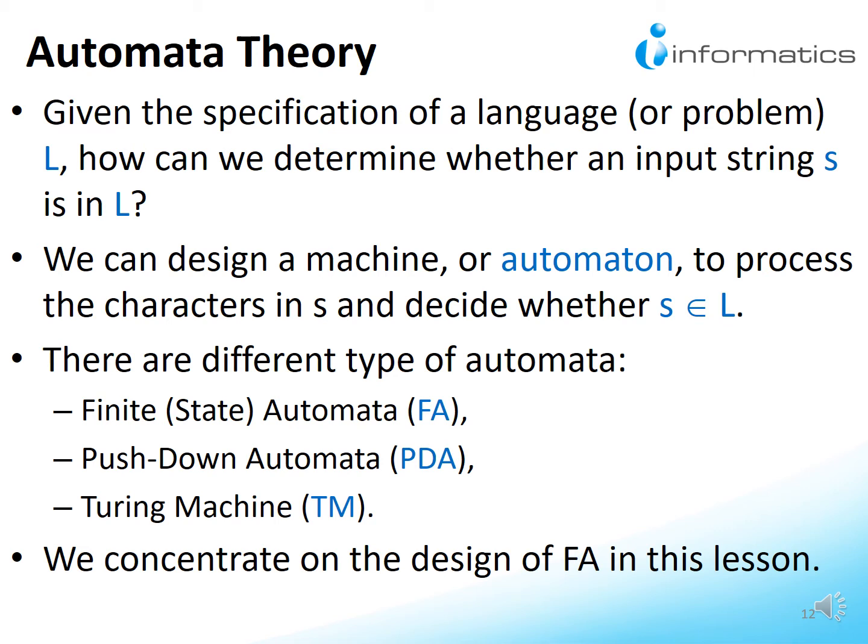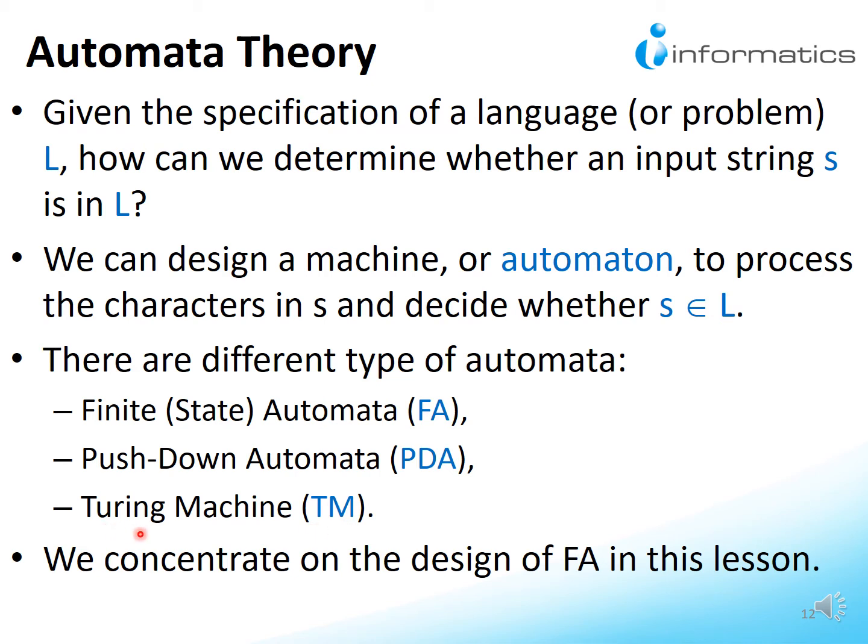Otherwise, we say that the machine rejects the string. Over the past 60-70 years, we have developed different types of machines. For example, we will discuss finite state automata, pushdown automata, and Turing machines.